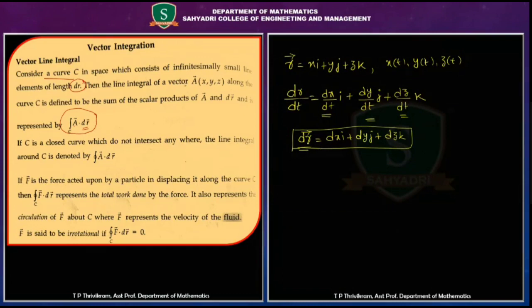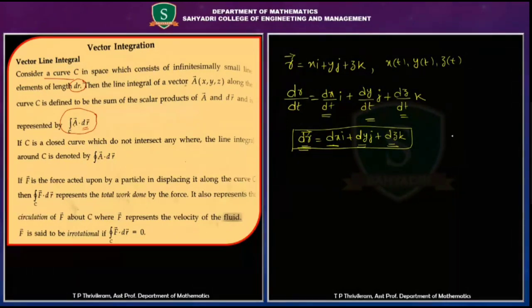Small difference in r means a difference in the x axis, difference in the y axis, and difference in the z axis. So all together will give the difference in r. Clear?